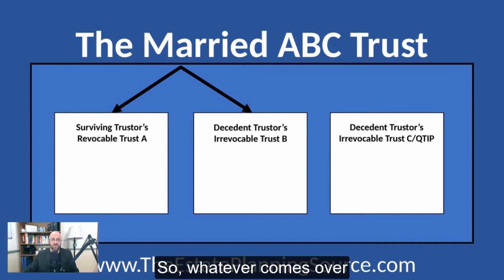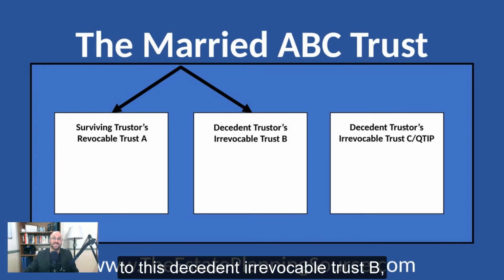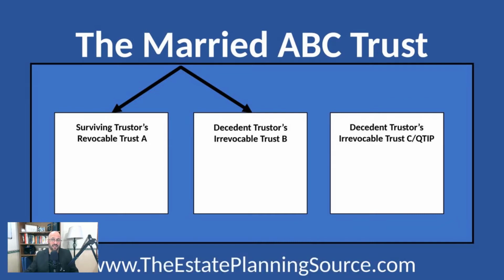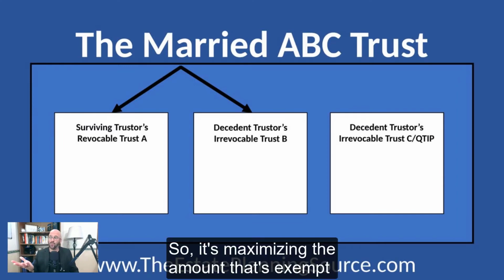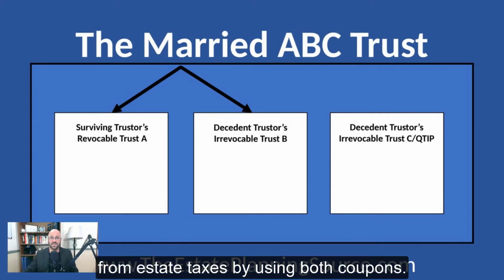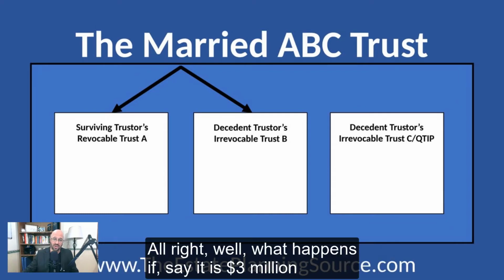So whatever comes over to this decedent's irrevocable trust B, that's applying their tax credit. So it's maximizing the amount that's exempt from estate taxes by using both coupons. All right.